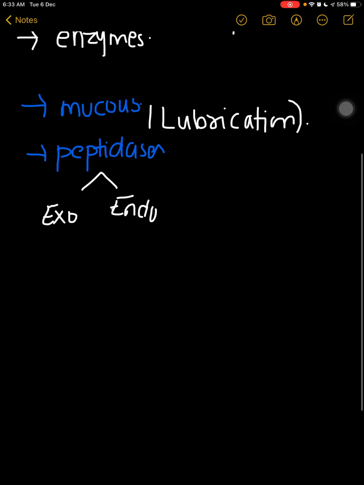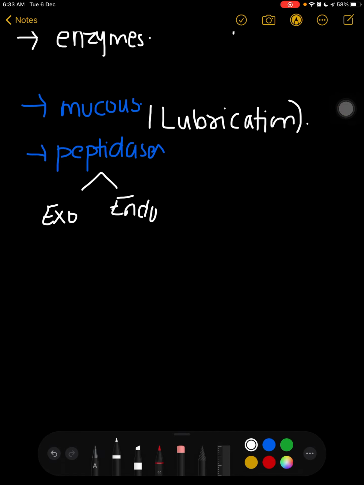Third, it will release some local enzymes. I have taught you who releases these: Paneth cells, which are present in the crypts of Lieberkühn, release them.